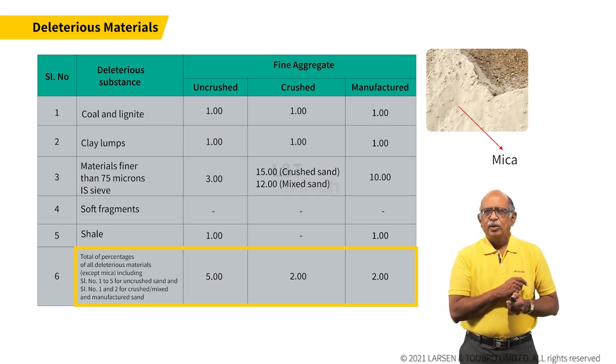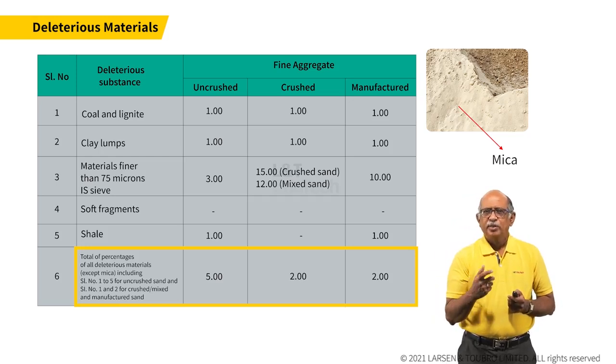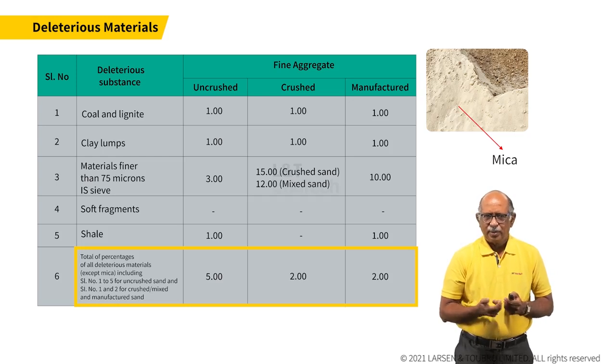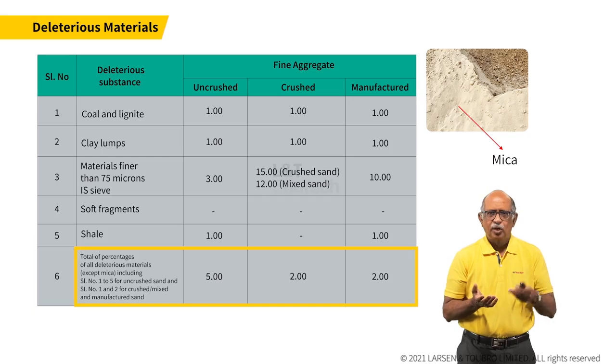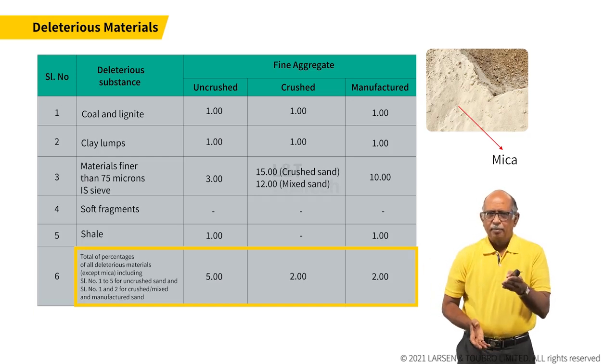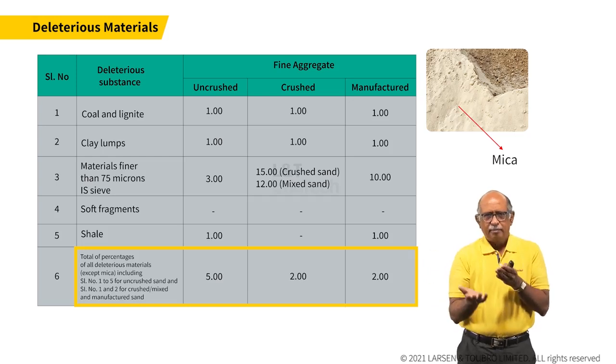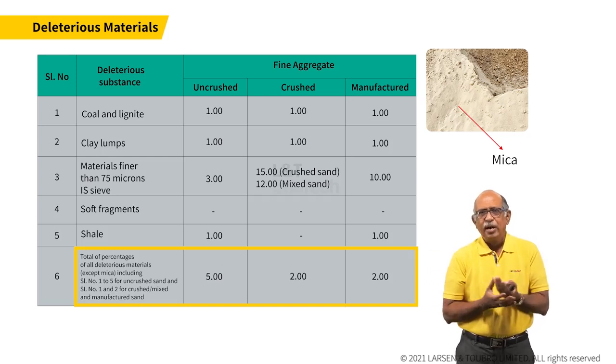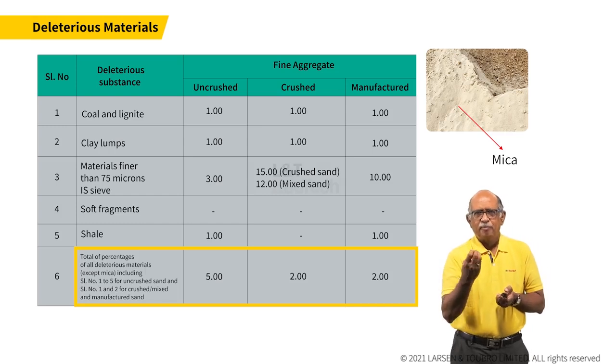Mind this, there is no test method available to identify how much mica is available, because only with the wind spray test, that means you have to spray the sand with the wind, the mica will carry. In our case sand is also fine, so sand also will carry because of the fine material. So, we will not be able to identify. There is no specific test method available to identify how much mica is available in sand.